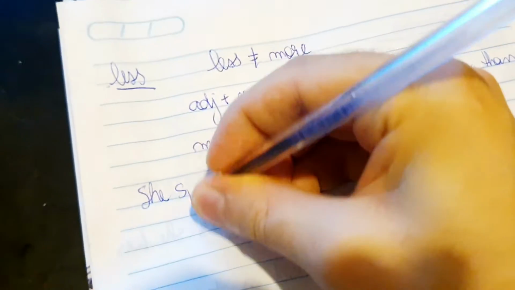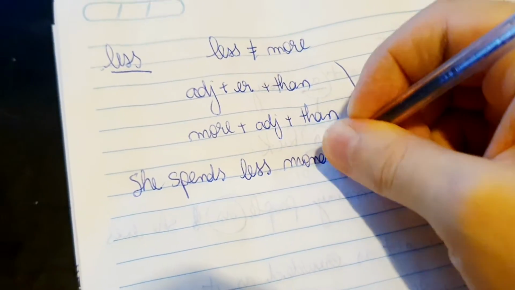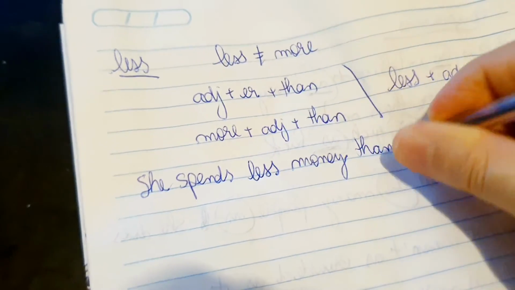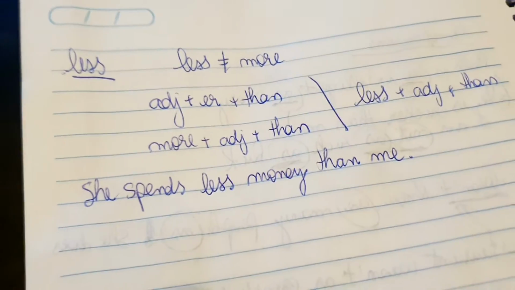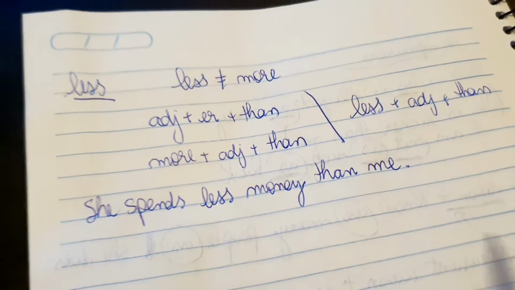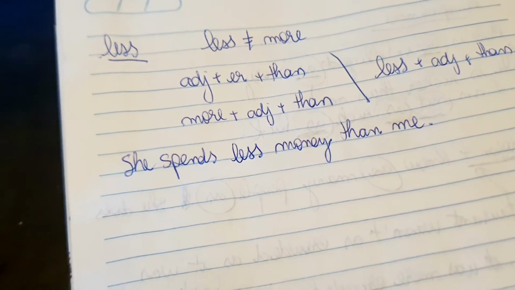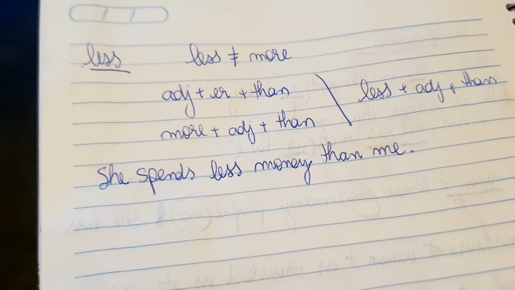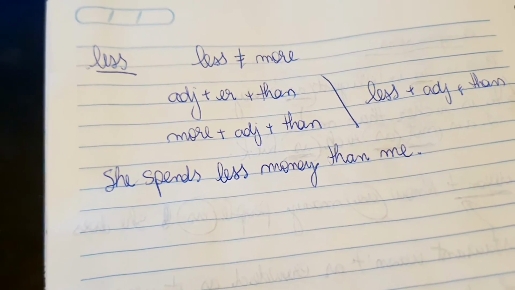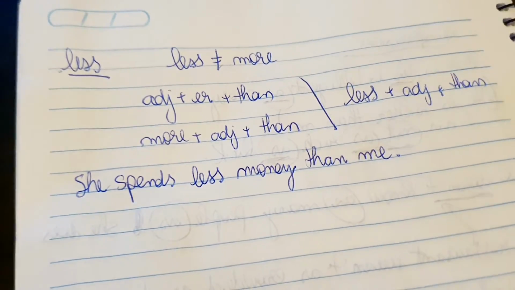She spends less money than me. How is your relationship with money? Do you spend more money than your friend? Do you spend more money than your husband or your wife or your boyfriend or your girlfriend? You name it.